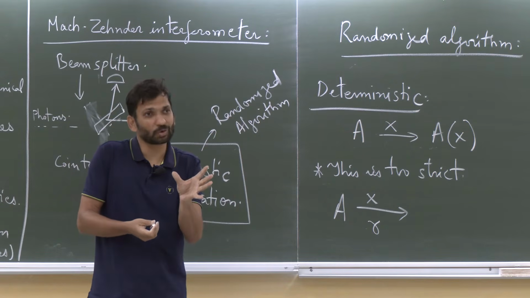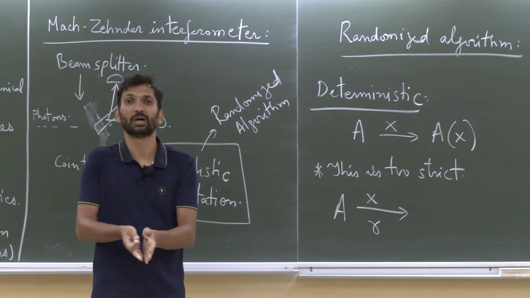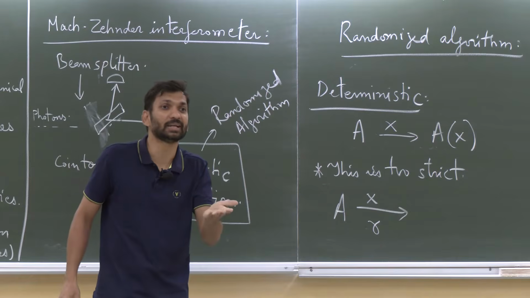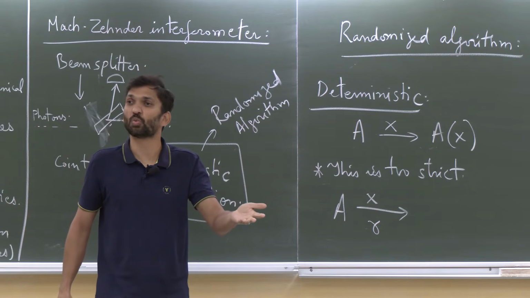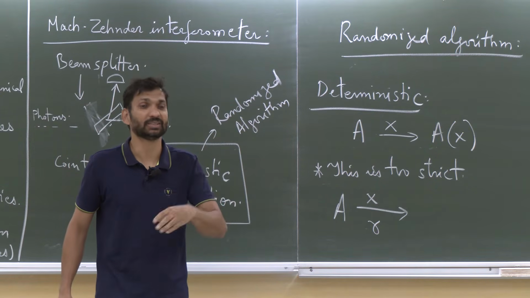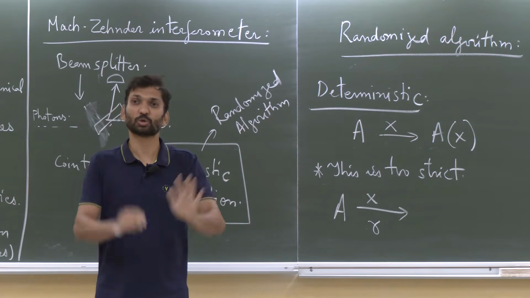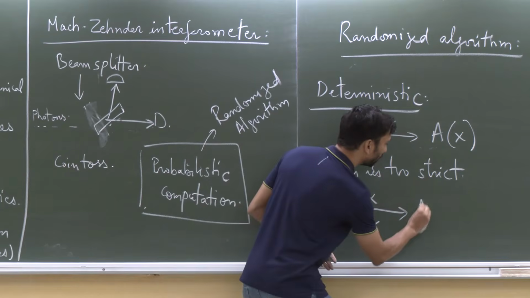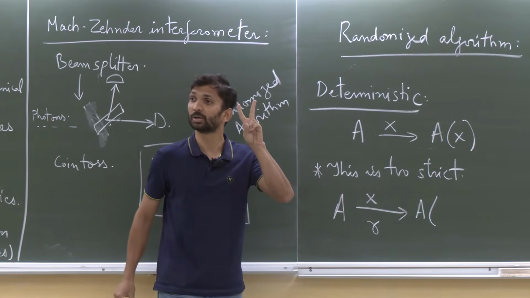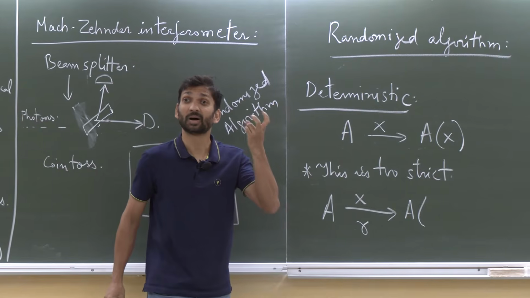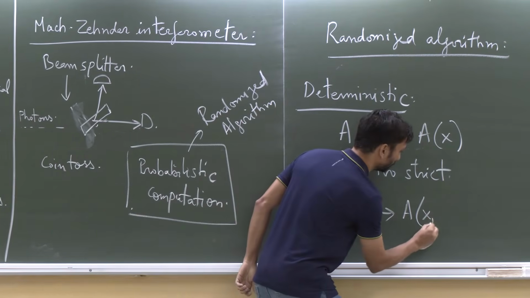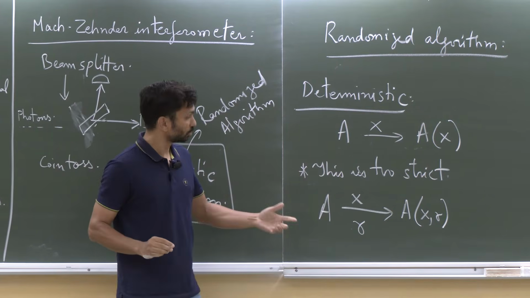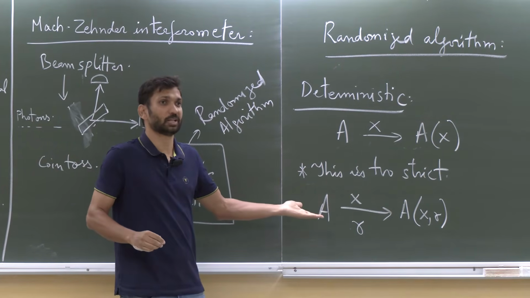So depending on what my random coin toss comes out, my procedure can differ. I can apply an AND gate if my random bit is 1. If my toss is tail, then I can apply an OR gate. All those possible cases are there, right? So in some sense, now my output depends on X and R. Okay. So this is one way to capture a randomized algorithm.